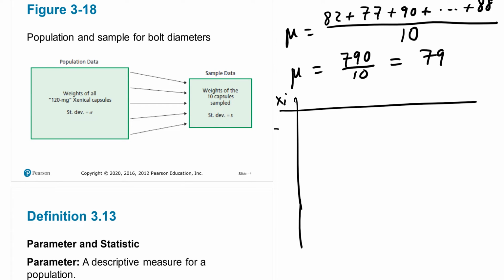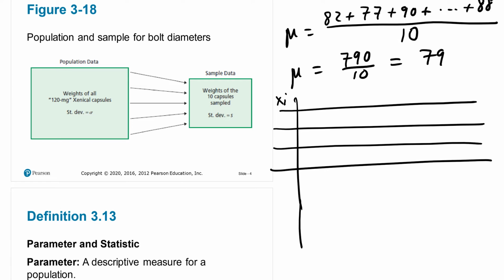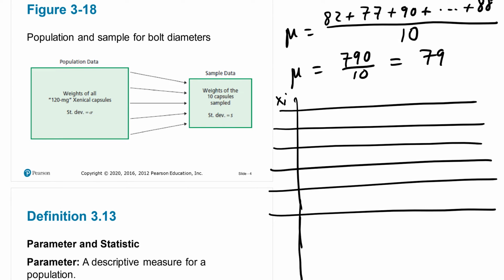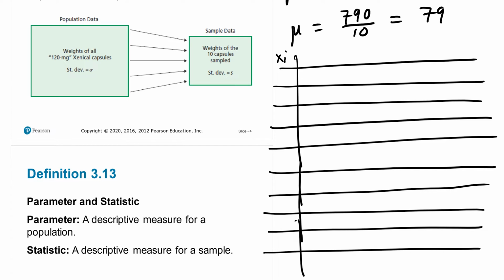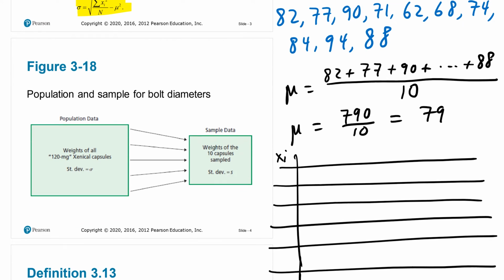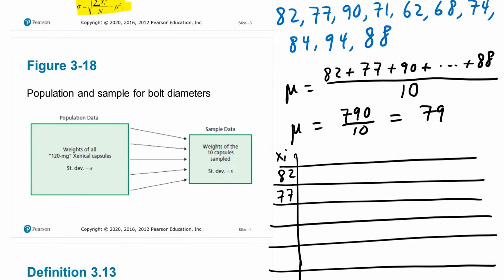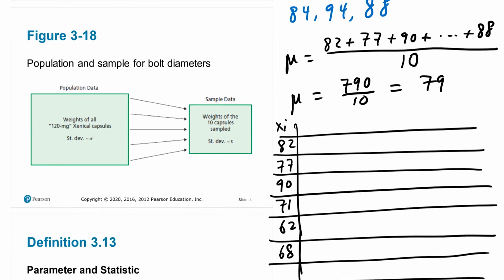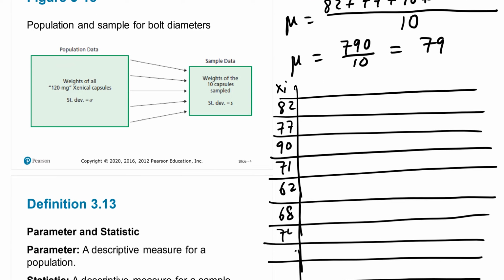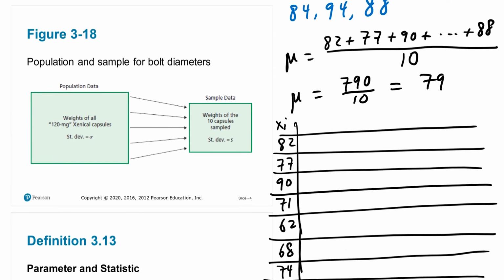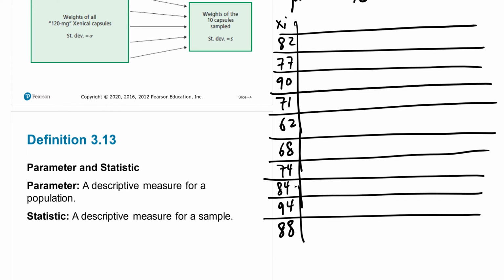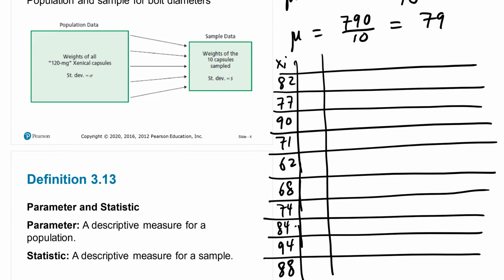These are the 10 values that we have: 82, 77, 90, 71, 62, 68, 74, 84, 94, and 88. Here we always write down the population mean, 79, for each one of them.